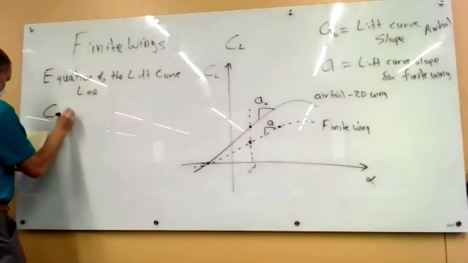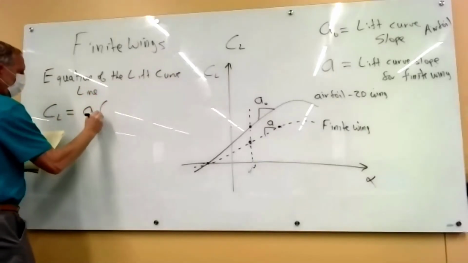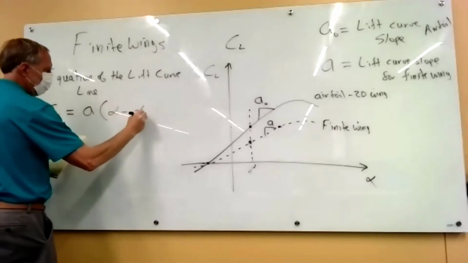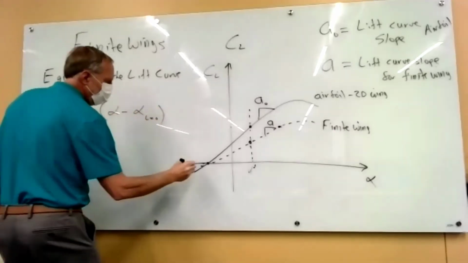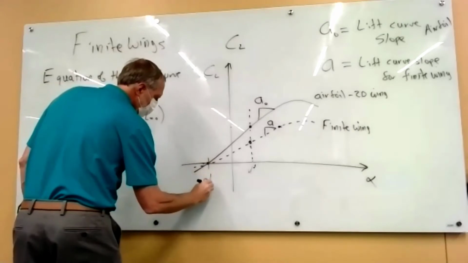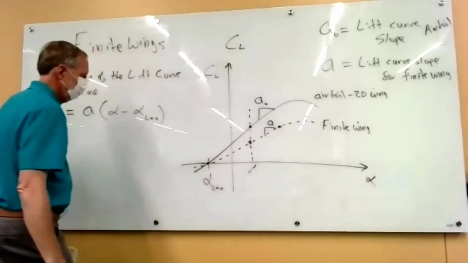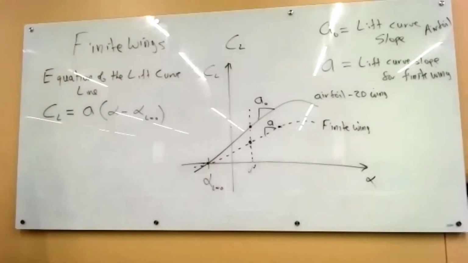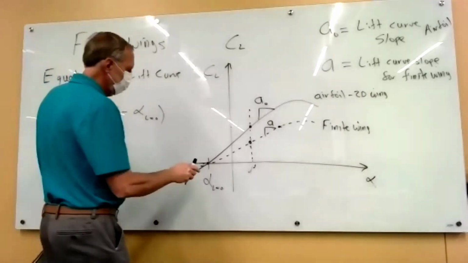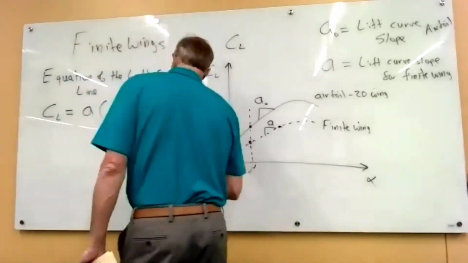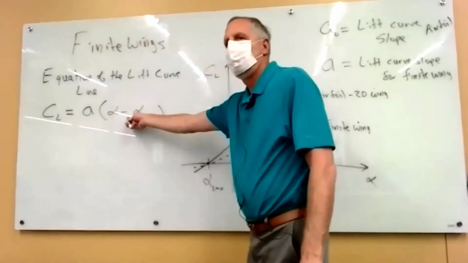So it says CL is A times alpha minus alpha L equals 0, which is that intercept. Then you can look at the equation and say, okay, I understand what that's doing, because A is rise over run, right? And this is the run.